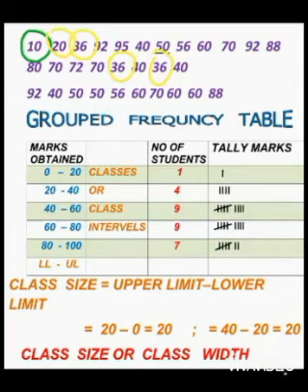How will we do it, children? See, marks obtained: 0 to 20, 20 to 40, 40 to 60, 60 to 80, 80 to 100. This is how I have made the grouping. Now it will be easy for us to represent the number of students who got 0 to 20. How many students got 0 to 20 marks?